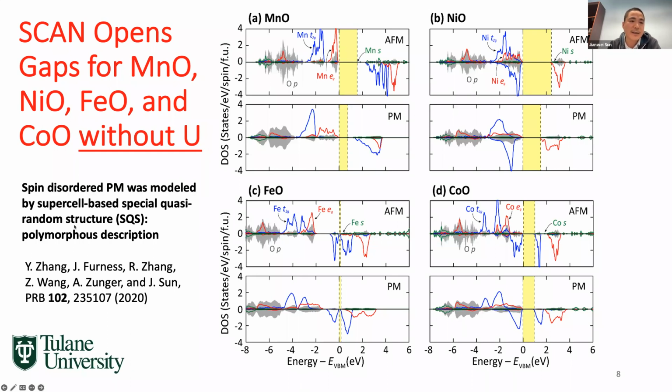And in the paramagnetic phase, we use this supercell-based special quasi-random structure. So it is kind of the spin disorder in this system to mimic the paramagnetic phase. So then we can say all the gaps are opened, including this iron oxide, which is very difficult.